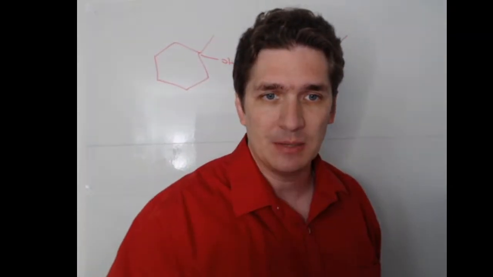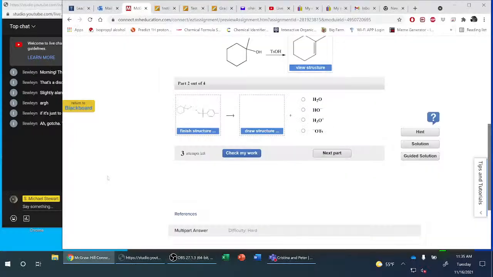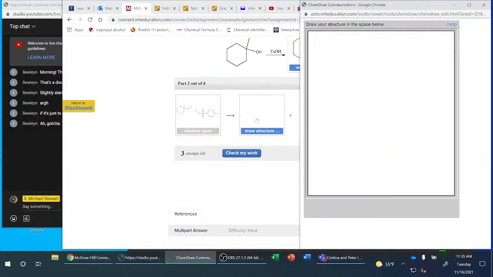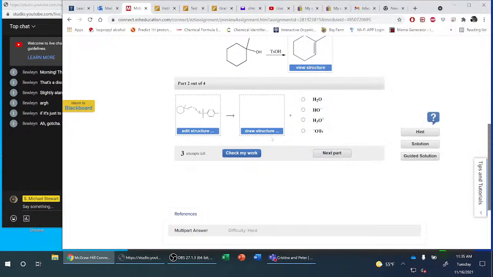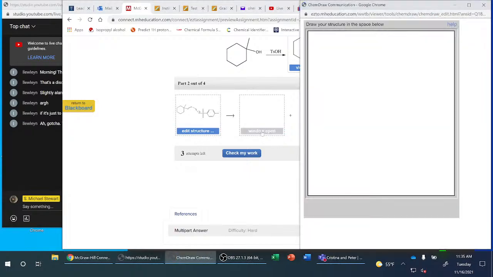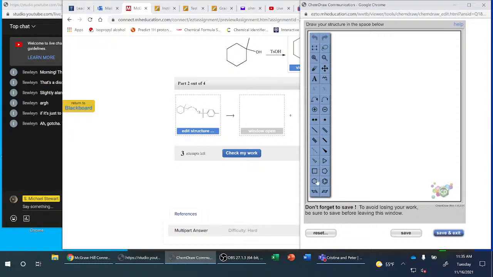So now it's going to ask you to go through the mechanism step by step. So I'll bring it up so you can see it step by step. So first thing we're going to get is protonation of the alcohol. So that's going to take the hydrogen. And we're going to end up with this basically hydronium complex.